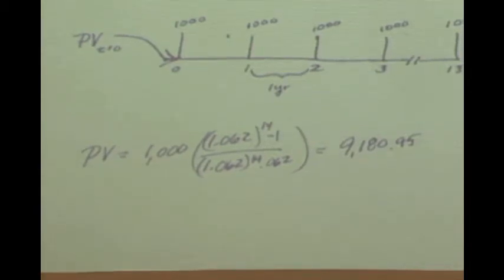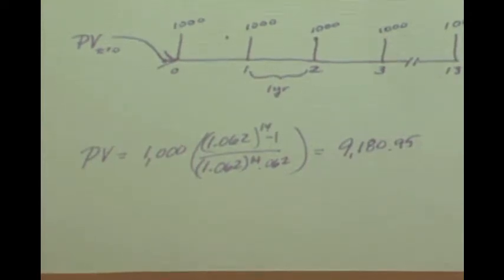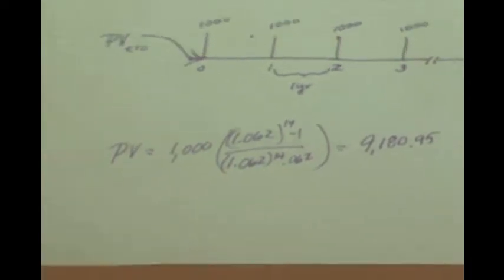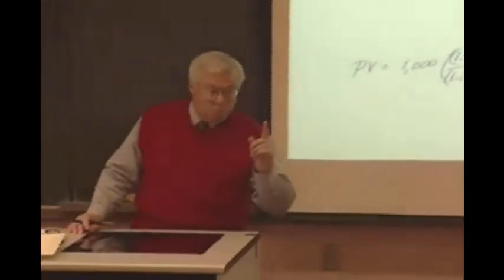Why? Where is my lump sum of $9,180 sitting in time? 1 year ago. We have consolidated these payments right here, time minus 1.